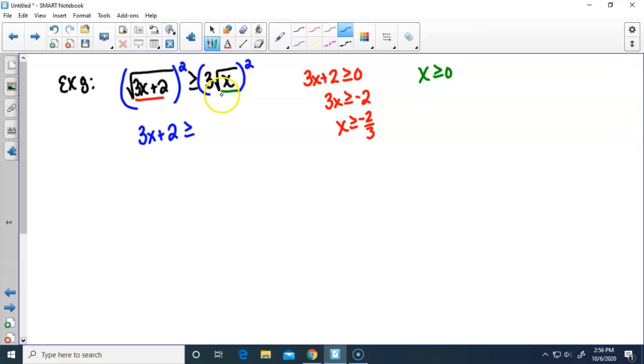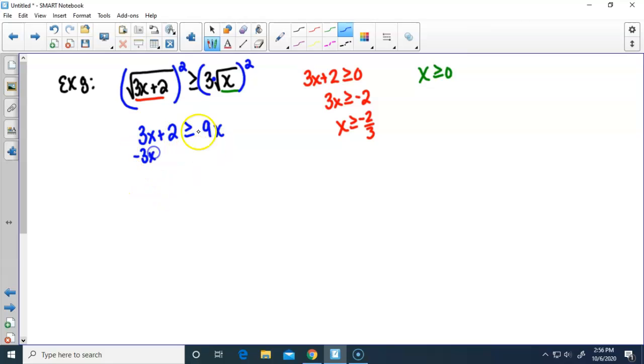But over here on the right-hand side, this is 3 times the square root of x. So because these two things are multiplied, we can square them separately. So 3 squared is 9, and the square root of x squared is just x. And now we have an inequality that we can solve pretty easily.